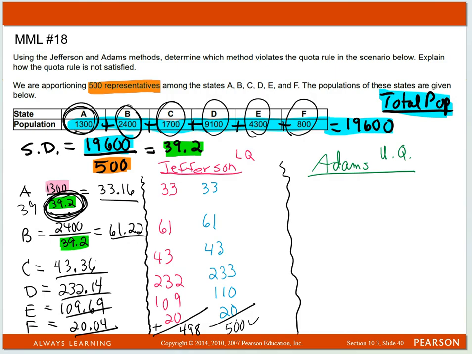So the upper quota for A, Adams used 34, and then B was 62, and C was 44, and D was 233, and E was 110, and F was 21. And when you added those up, that was 504. That was way too big. It's only supposed to be 500.